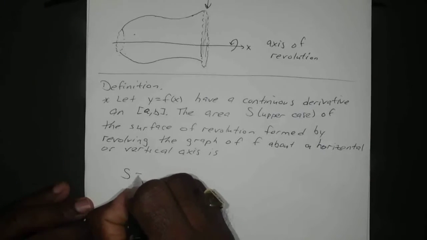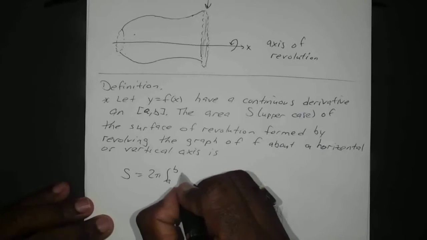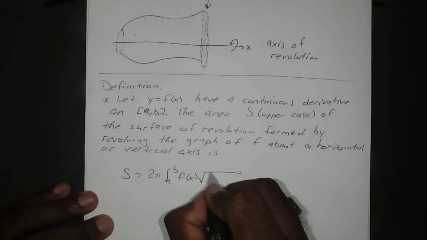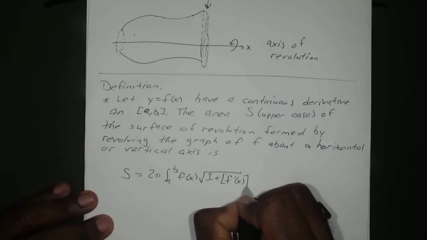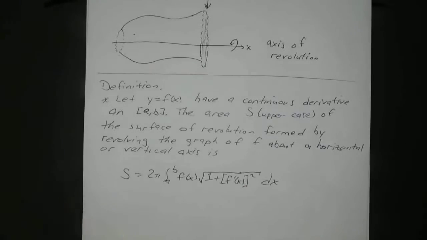So you have your uppercase S equals 2 pi, and we're going to integral from a to b, f of x times the square root of 1 plus f prime of x squared with respect to x. Okay. So it's really just an extra tweak on the arc length formula.